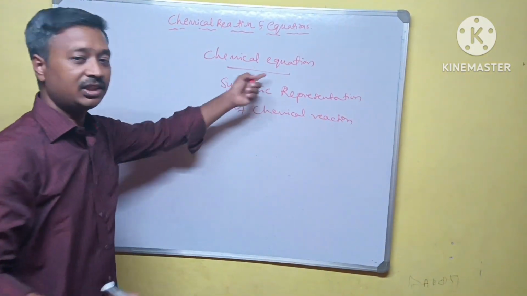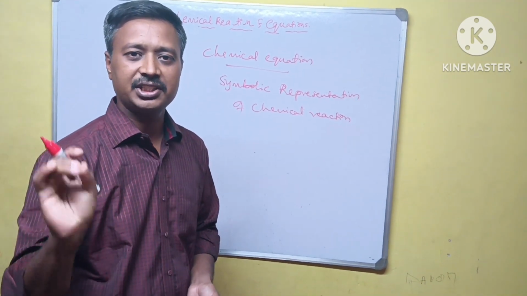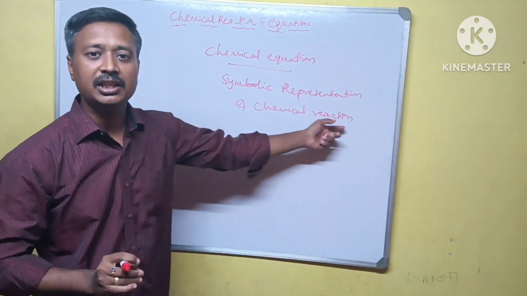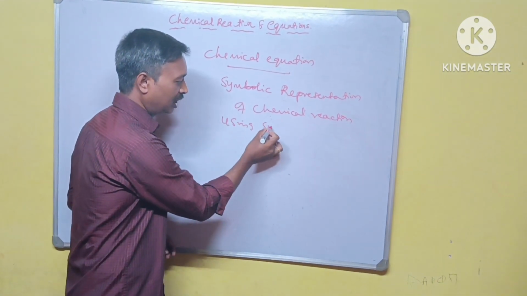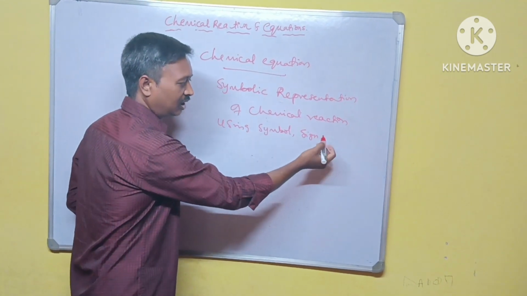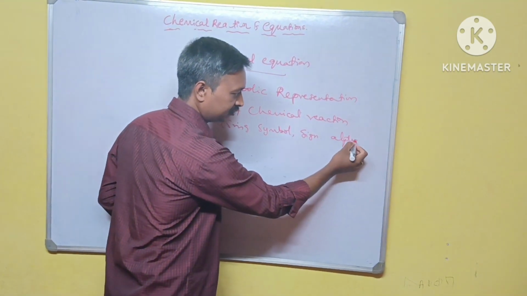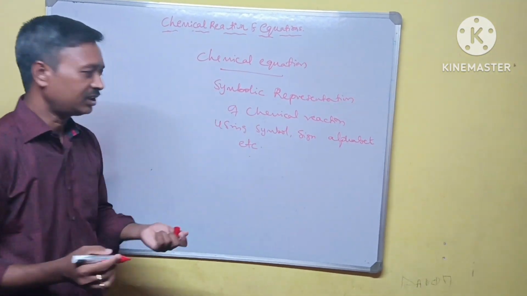Did you understand what a chemical equation is? It is a symbolic representation of a chemical reaction using symbols, signs, alphabets, etc. That's it. Very easy.